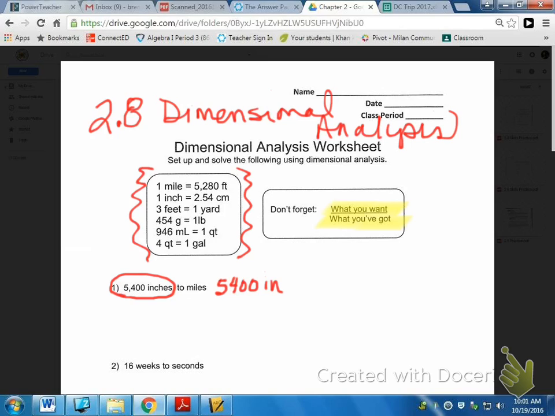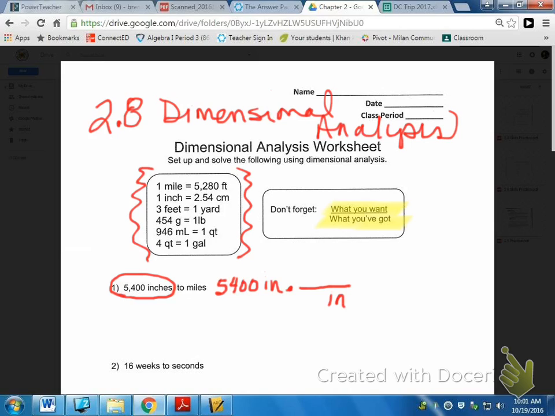For dimensional analysis, you are switching units, and you're constantly multiplying by ratios until you get what you want. Now, I have inches. So when I look at that note at the top and it says what you've got, that means inches are going to go on the bottom.